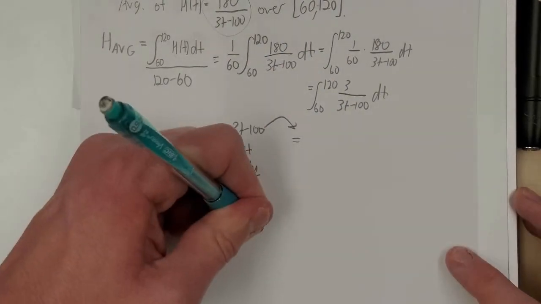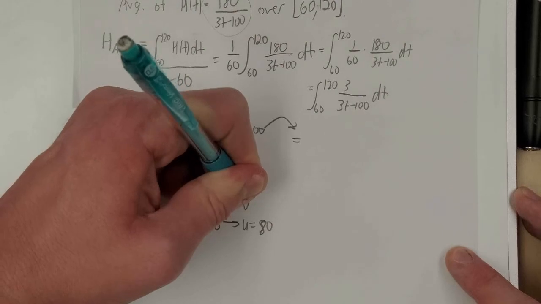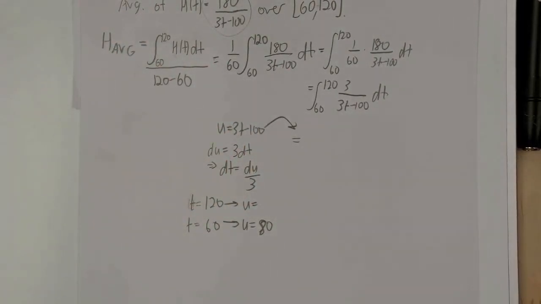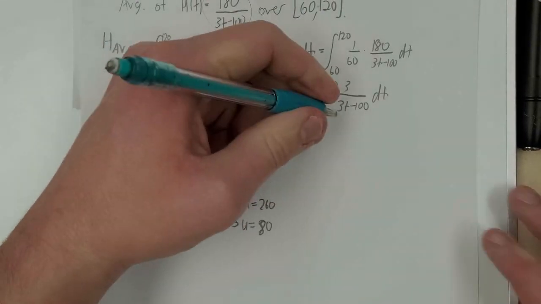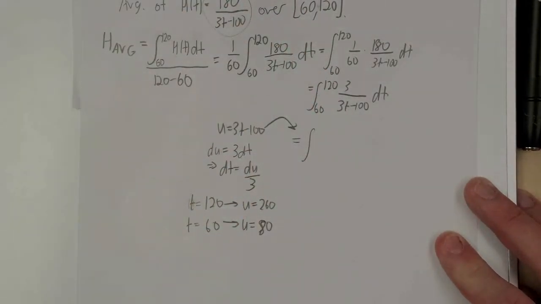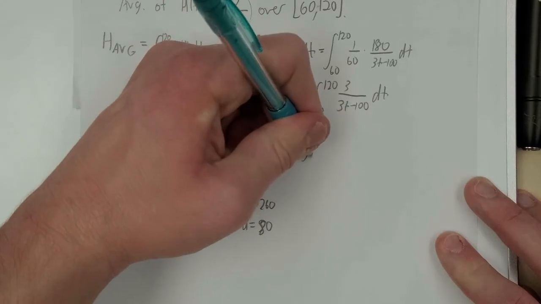It's just 80, right? And similarly, if t equals 120, then what would its corresponding u value be? Yeah, it's 260, right? Good. Okay. So then correspondingly, that gives us the integral from 80 to 260.